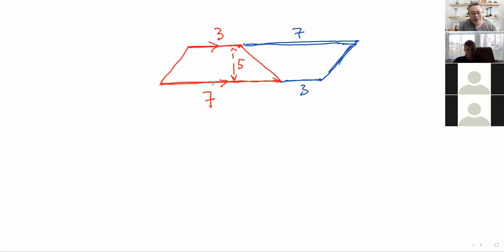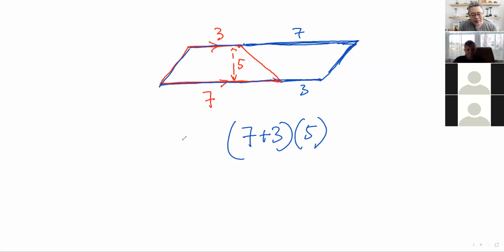And you can see that this is a perfect parallelogram. And the area for the parallelogram we know is pretty simple. We know the base here is 7 plus 3, and the height is 5. So that's the area of the whole parallelogram here.